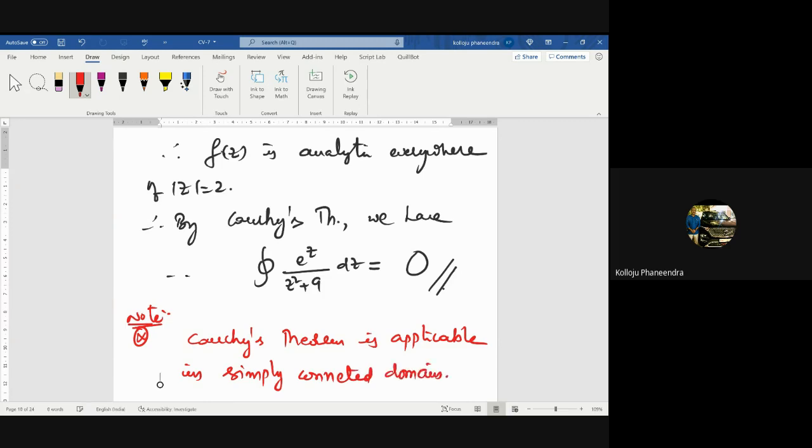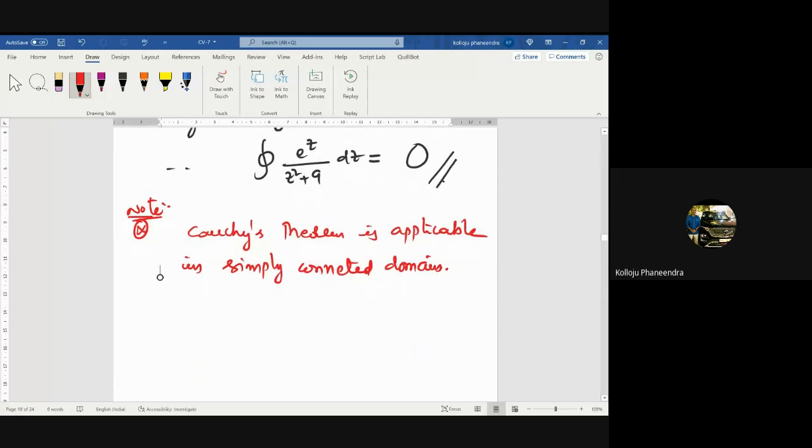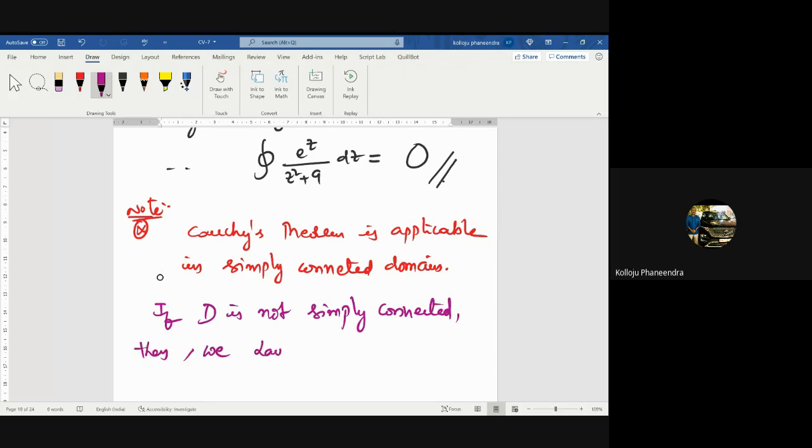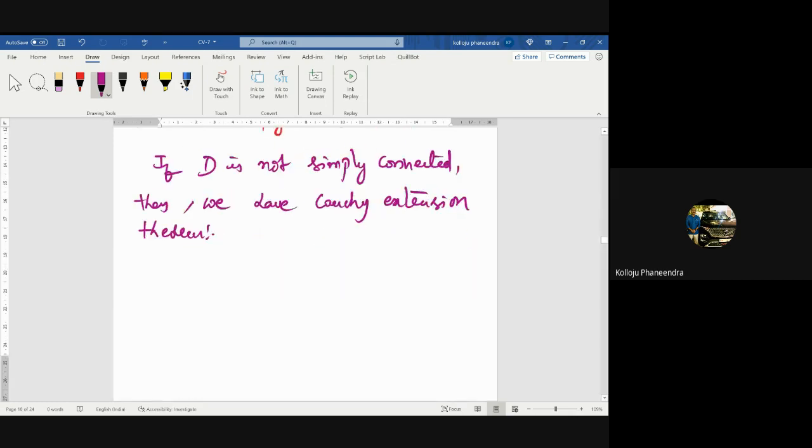If D is not simply connected, then we have the Cauchy extension theorem.